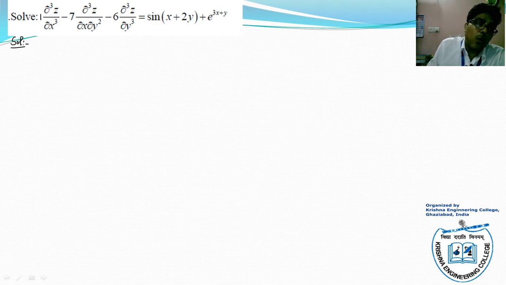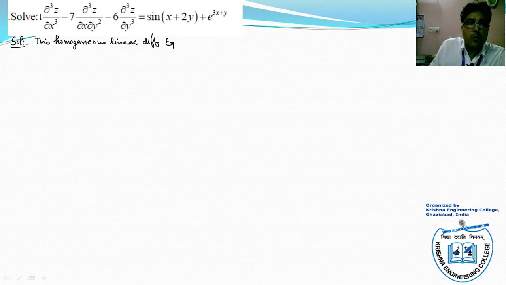So this is a homogeneous linear differential equation with constant coefficients, obviously a partial differential equation. Clear?